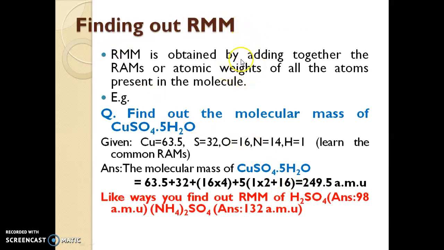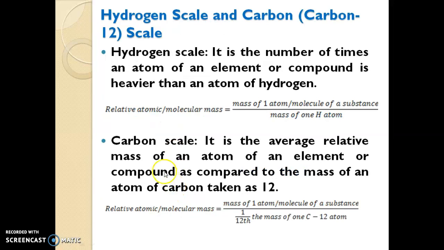The same way you did since your class 7th, by adding together the RAMs or atomic weights of all the atoms present in the molecule. Example given for CuSO4.5H2O. Now here the relative atomic mass is given, but it is not the fact that every time it will be given. You will find soon in different numericals. So you can find out.